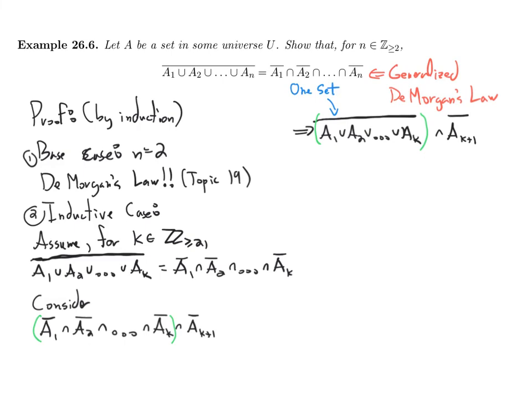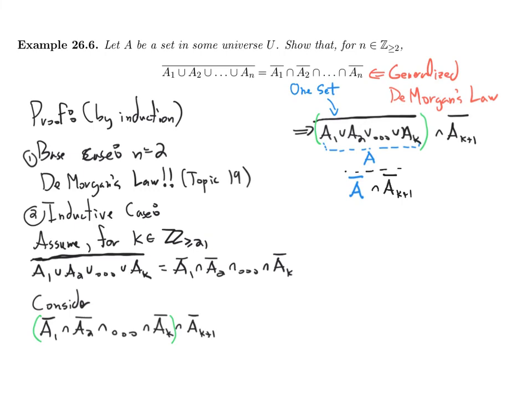Just so it's clear, maybe if I called this set here just a big old capital A, what we have is A complement. A is the union of all of the sets from A1 to AK. So it's A complement intersect A k plus 1 complement.